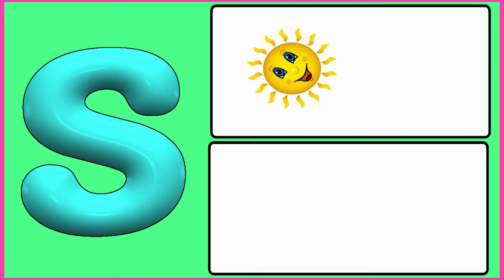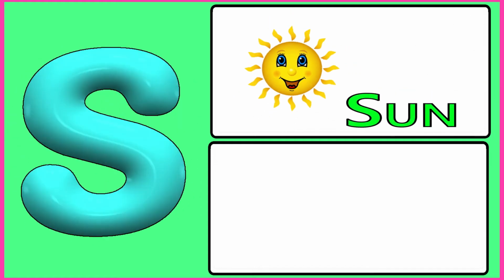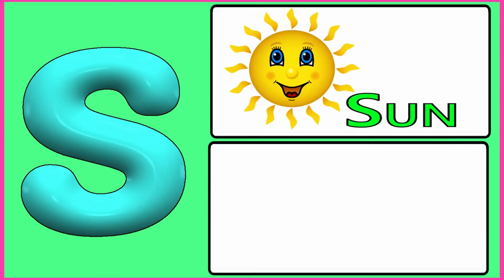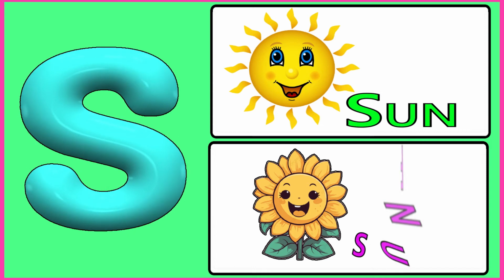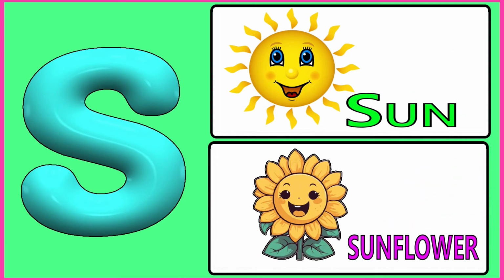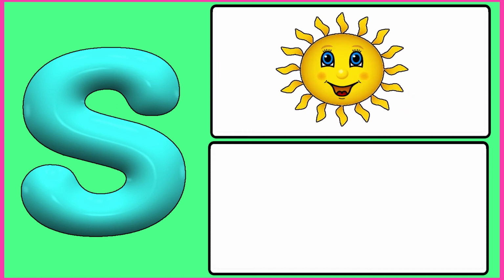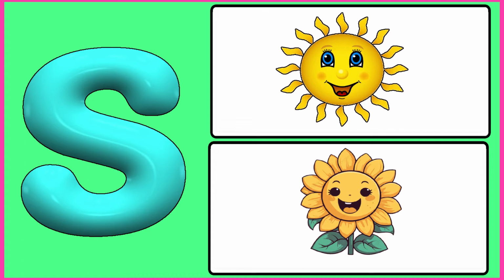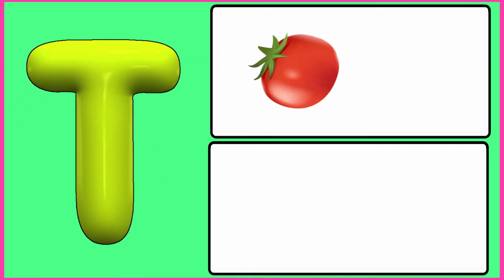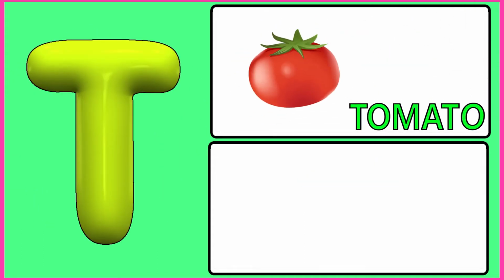S is for sun, sun. S is for sunflower, sunflower. T is for tomato, tomato.